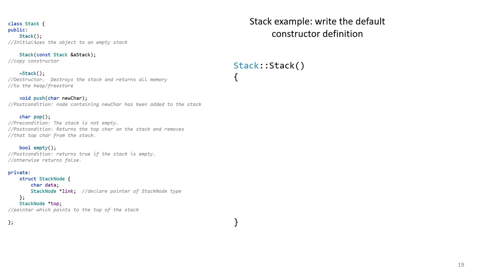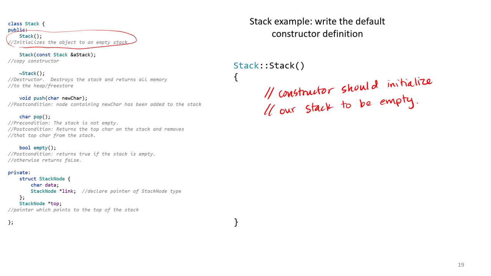And if we look back at our function declaration inside our stack, you can see that the precondition comment here says that our stack default constructor should initialize our stack object to be an empty stack. So this constructor should initialize our stack to be empty.